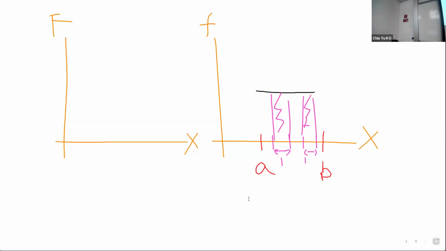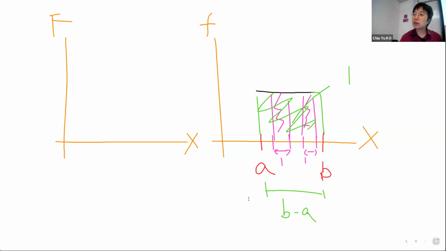Then it has to be a rectangle. Since the area under f must be 1, and the area is base times height, the base is B minus A. What's the height?